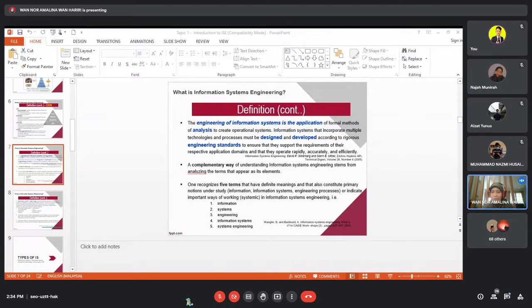Nak buat reban ayam pun ada proper discipline that you have to follow. Apatah lagi bila kita nak buat bangunan yang tinggi. So, those engineering processes are adapted in our context of coming up with information systems. That is in short what I am saying about ISE, Information Systems Engineering.